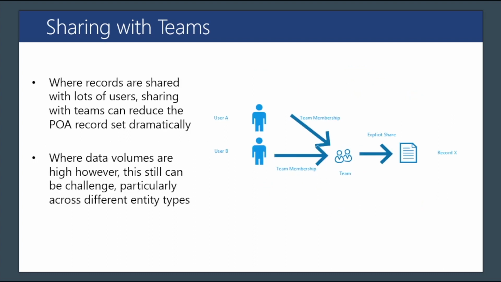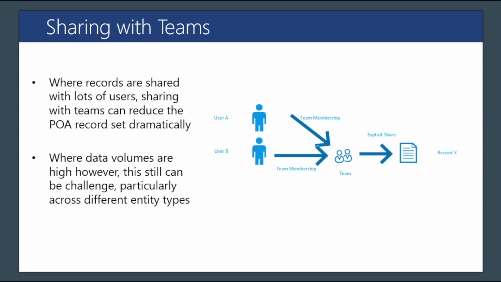You also have the ability, in addition to sharing a record with a specific user in the system, to share the record with a team in the system. It's more efficient than specific user level sharing.